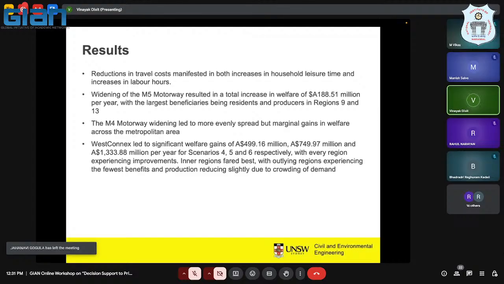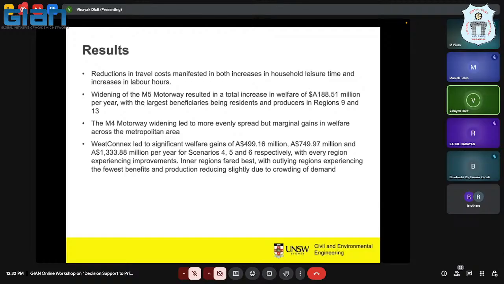Because the moment you're able to reduce travel time, people have more time, and they split it, not equally, but by a certain ratio toward leisure and labor. So it's not just the value of travel time savings, it's an actual increase in their utility. It increased the welfare as well.